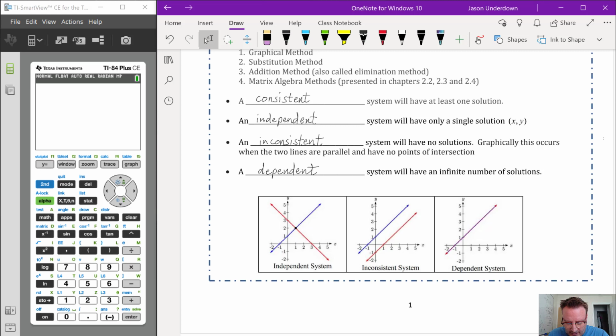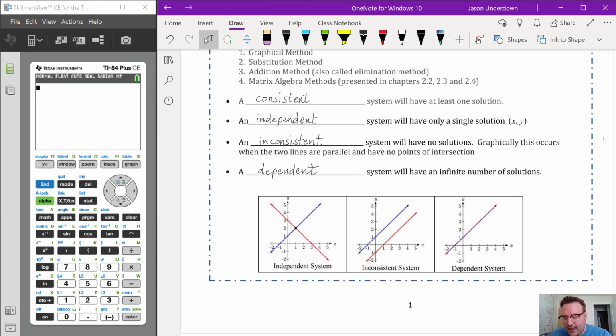If we have a 2 by 2 independent system, we'll have two equations. Each equation corresponds with a line, and the solution set will be a single unique point where the two lines cross. An inconsistent system would have no points in common, so that would have to be two parallel lines, because two parallel lines never cross.